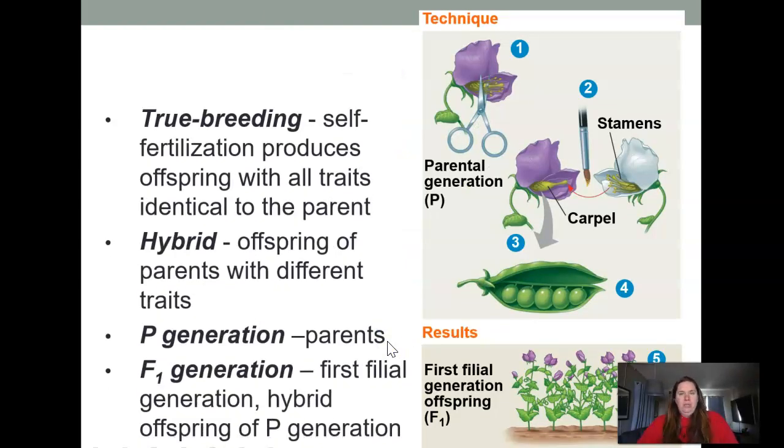So here you can see what I was talking about in terms of the technique that he used. I want to just very briefly, in order to propagate these pea plants, he could cut off the, I believe this is called the pistil, I forget, basically the female part of the flower, and then he could take the stamen, basically the pollen from one flower, and paint it onto the pistil.